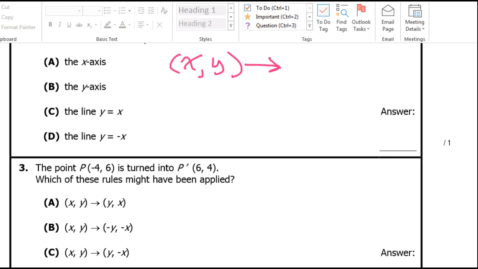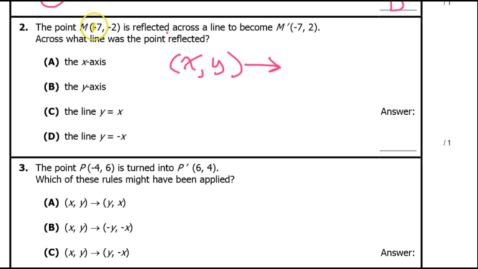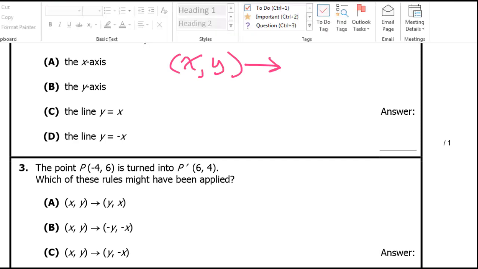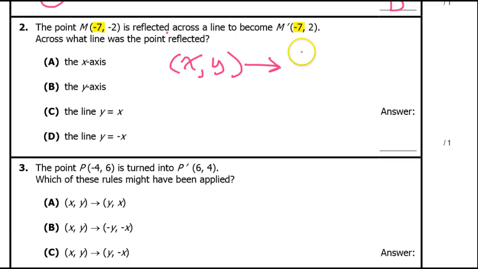We have -7 was the x value, and then we have -7 still. So that tells me that the x value did not move or change. So in the image, it's still going to be the x value. That just leaves the y value.